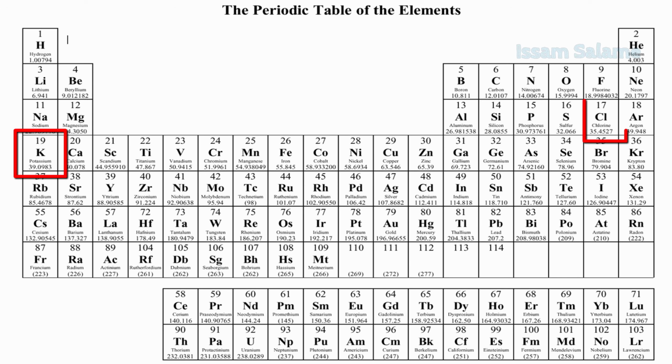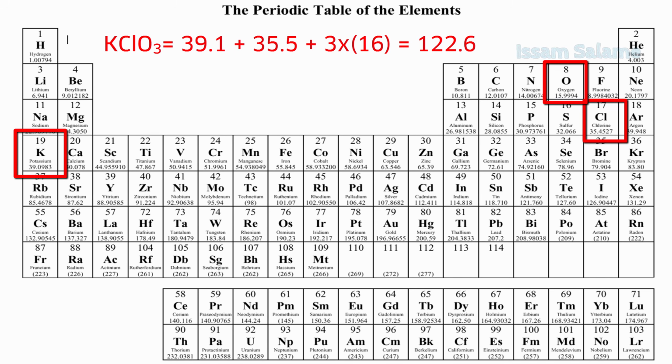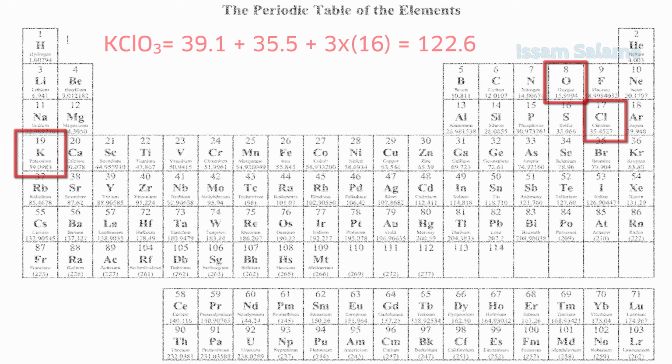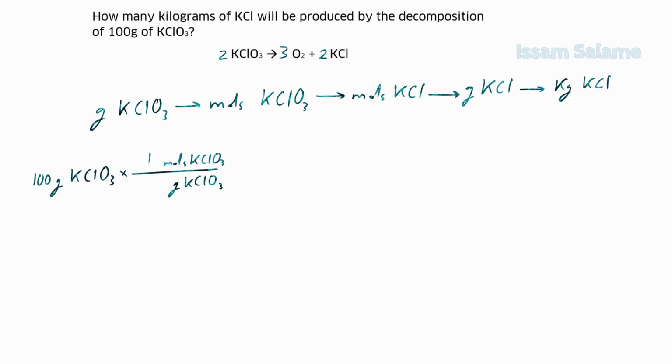The molar mass of chlorine to the nearest tenth is 35.5, and the molar mass of oxygen to the nearest tenth is 16. So the molar mass of potassium chlorate is 122.6. So we write 122.6 next to grams of potassium chlorate, and then we multiply with another fraction.